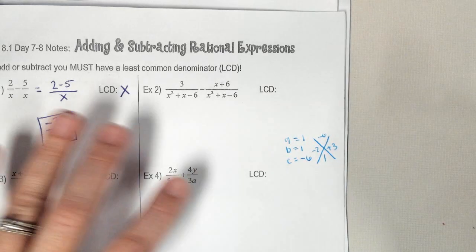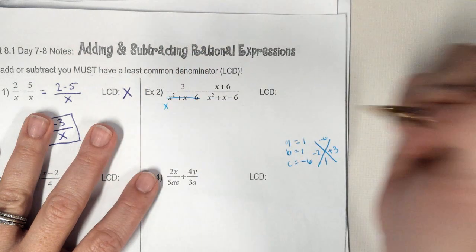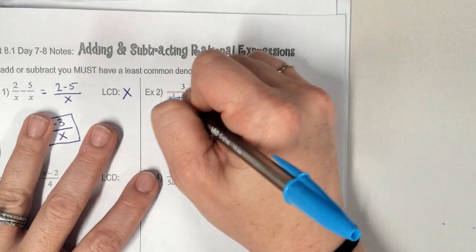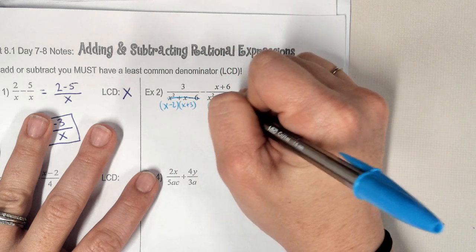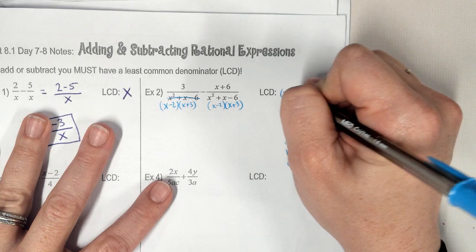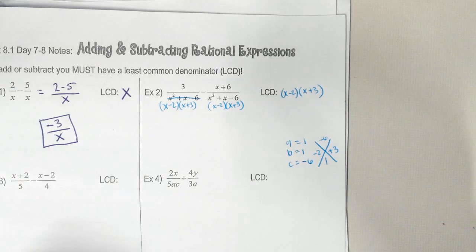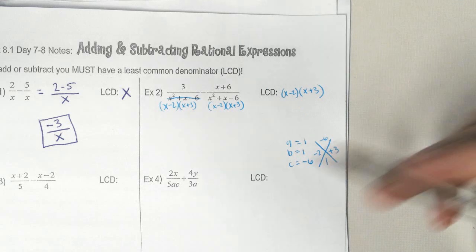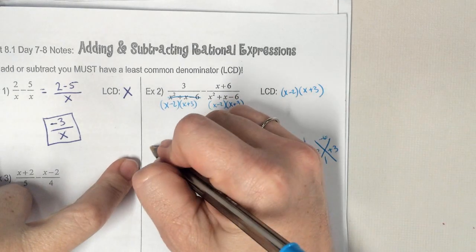So my denominator is x minus 2, x plus 3. And they already match, so that's my LCD. Now, because they match, I don't have to change anything on the top. So I'm going to bring my denominator down over here.